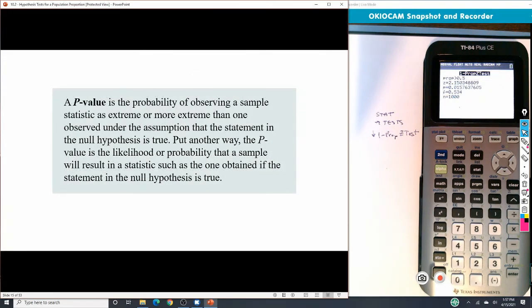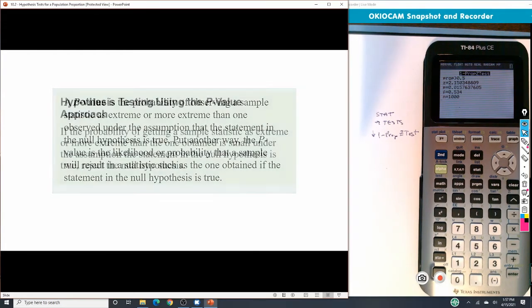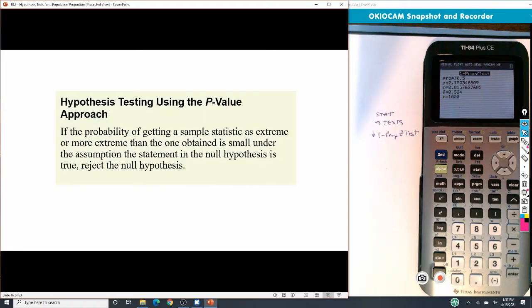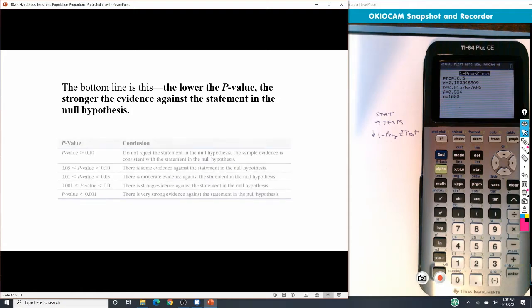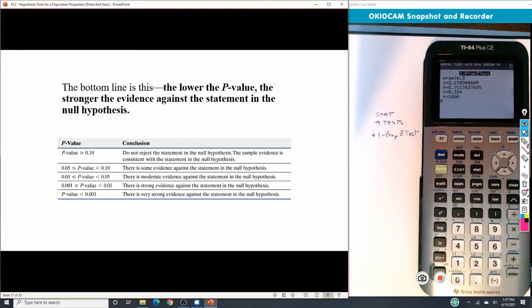Okay? And so again, the p-value is the probability of observing a sample statistic as extreme or more extreme than the one observed under the assumption. Okay? All right, and so the lower the p-value, the stronger the evidence against, the more likely we're going to reject the null hypothesis, okay, for those.